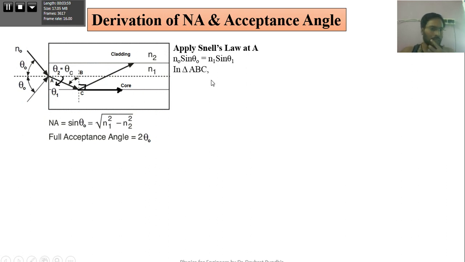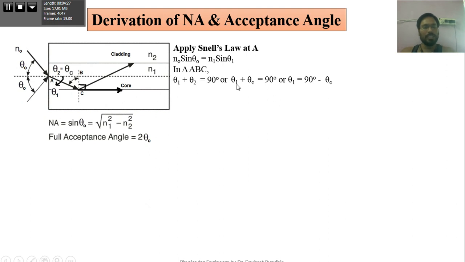Now in triangle ABC, where the angle at B is 90 degrees, the sum of theta 1 and this angle theta 2 will be equal to 90 because B is 90. The minimum condition for light to be coupled to the fiber is that the angle at the core-cladding interface equals the critical angle.